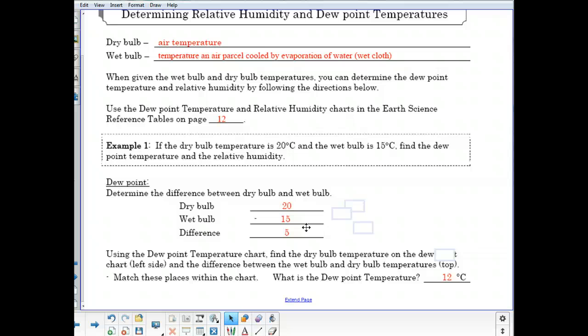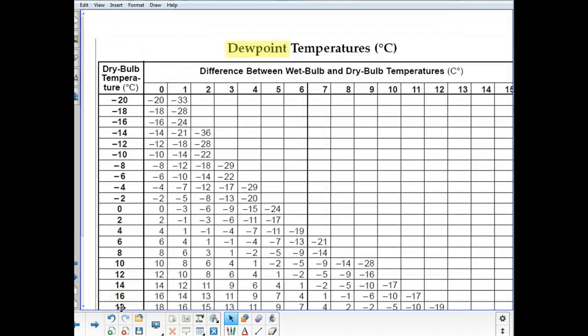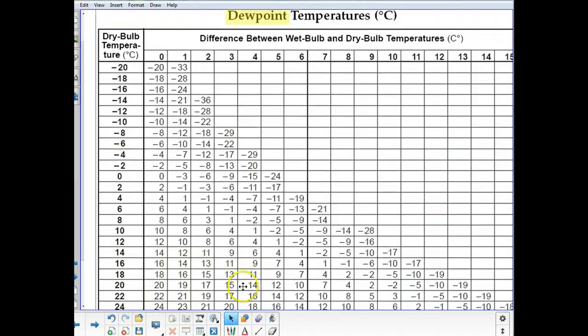Okay, so try that for the next example that's in your notes, example number 2. It says, find the relative humidity and the dew point temperature when the dry bulb is 14 and the wet bulb is 9. So here's your dew point.